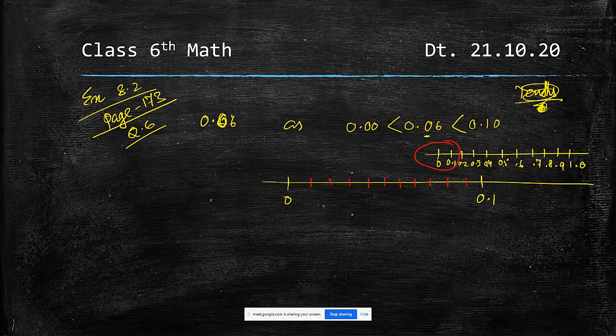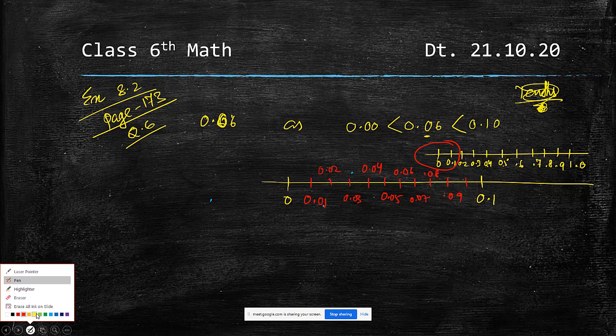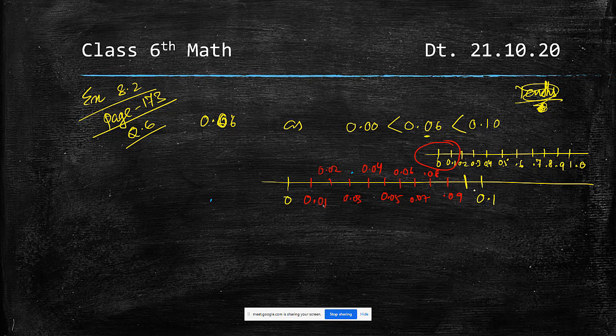So we will get 0.01, 0.02, 0.03, 0.04, 0.05, 0.06, 0.07, 0.08, 0.09, and 0.1. Clear?